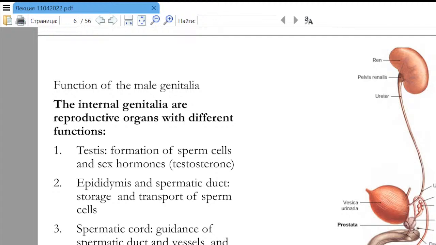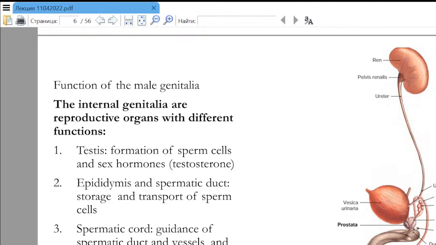Function of the male genitalia. The internal genitalia are reproductive organs with different functions. The testis: formation of sperm cells and the sex hormone testosterone.